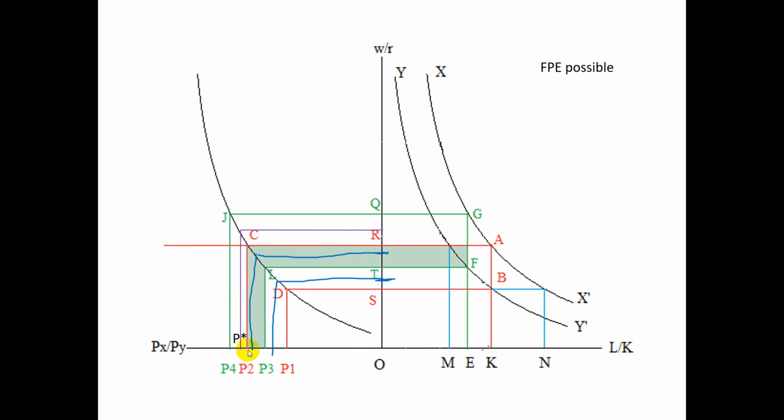So Px by Py is also higher in country A. Now as Px by Py is higher in country A, as trade opens up, country A will export Y and it will import X. So the Heckscher-Ohlin theorem is true only if the price definition is adopted.